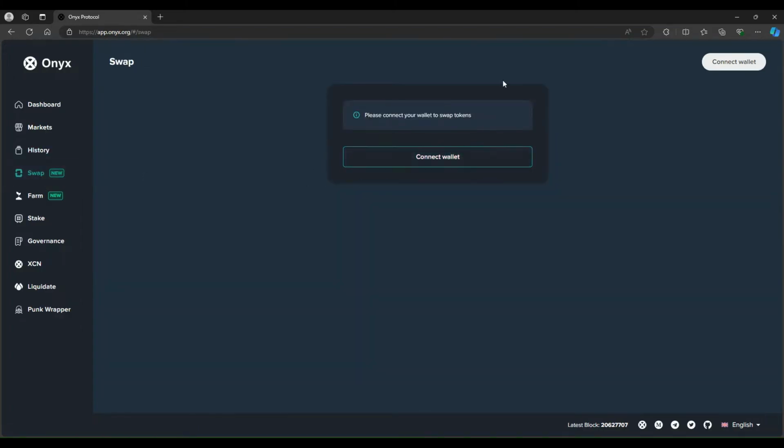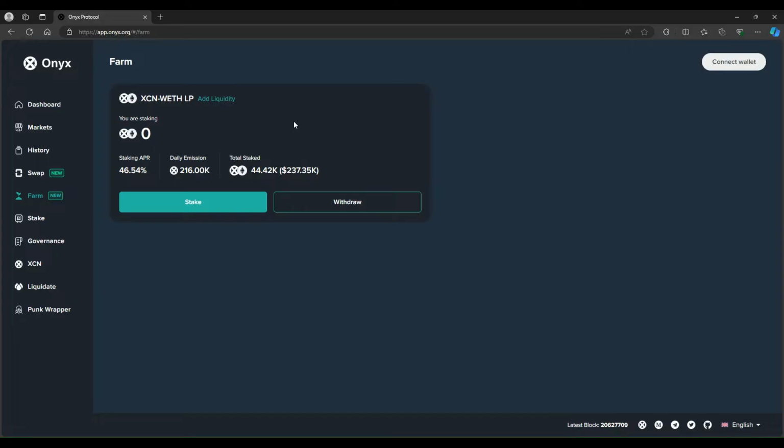You can swap, obviously, if you want to do XCN to any other token. I haven't done this personally on the Onyx chain, but I'm sure it's very similar. Like if you hold Flare in the Bifrost wallet, you can use Blaze Swap, kind of a similar thing here. Then you can farm the yield pools.